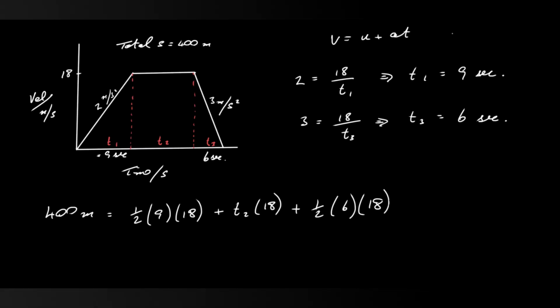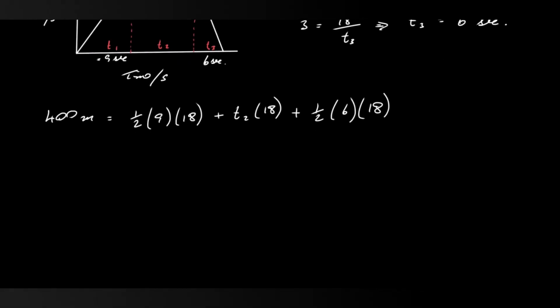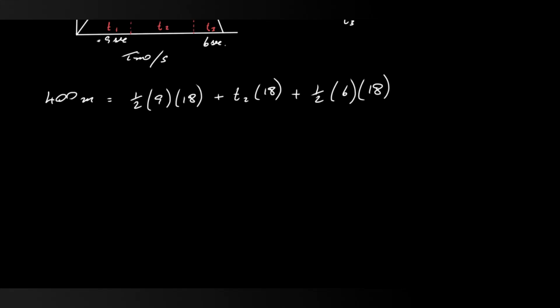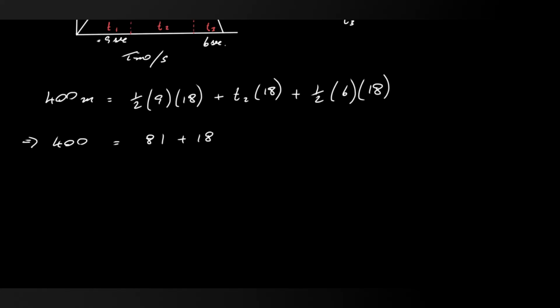So we have an equation here with just t2 as the variable, so we can just isolate t2. So let's see, what do we get? We get 400 meters out here. Half of 9 times 18 is 81. Here we've got 18 times t2, and out here we've got half of 6 times 18.